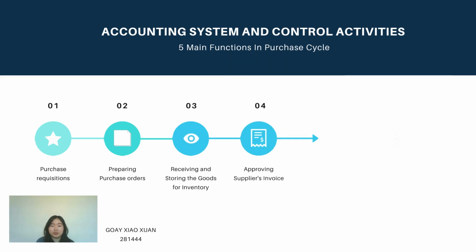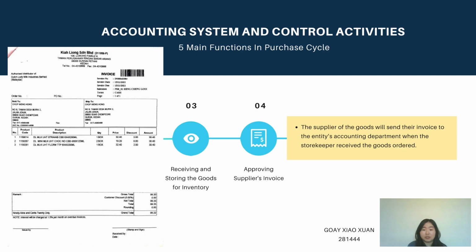Next, approving the supplier's invoice. At the time the storekeeper receives the goods, the supplier of the goods will send their invoice to the entity's accounting department. The staff should check all the information on the invoice as control activities to meet the audit objectives, including occurrence, accuracy, and completeness.